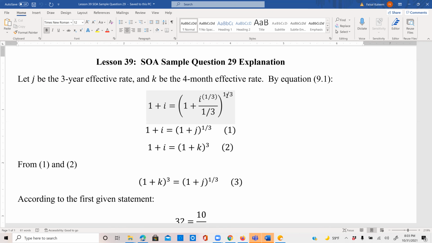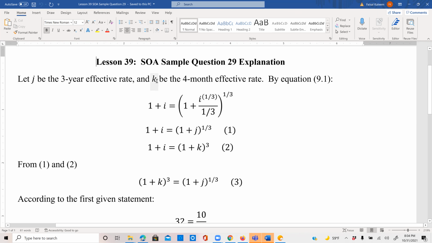So in this case, m is 1/3, and i^(1/3) over 1/3 is J. Remember, i^(m) over m is always the m-year effective rate, the effective rate over the period. So 1 plus I equals (1 plus J)^(1/3), because i^(1/3) over 1/3 is J.